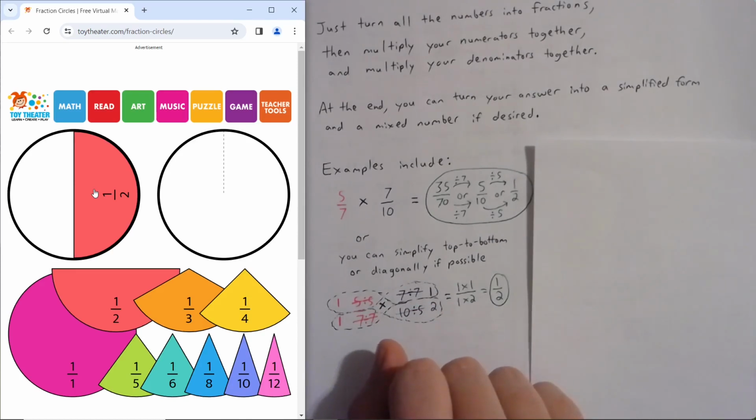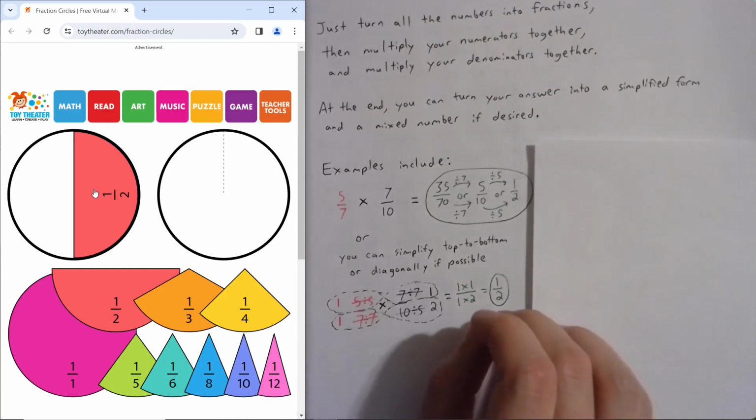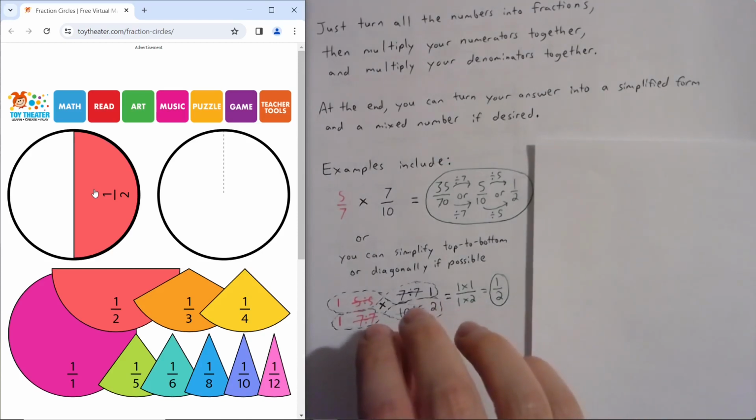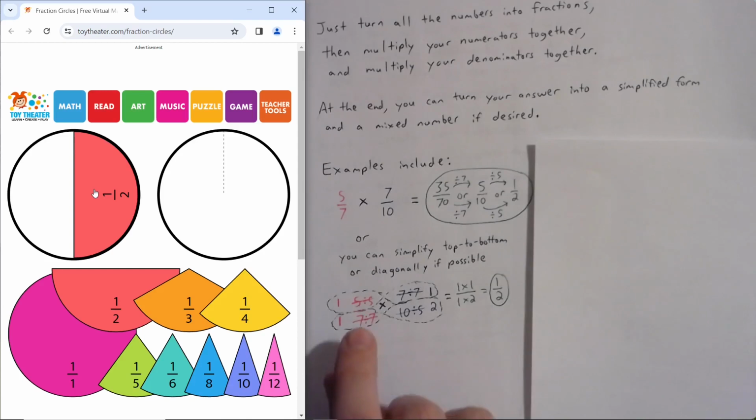And even though it gets you the right final answer, you're changing the fractions in a way that technically changes their amounts in the problem. So just keep that in mind.